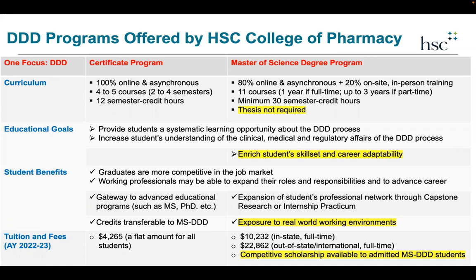All those courses are offered online, and students can take them asynchronously from home. The Master of Science degree program comes with 11 courses for a minimum of 30 semester credit hours that can be completed in 1 to 3 years.